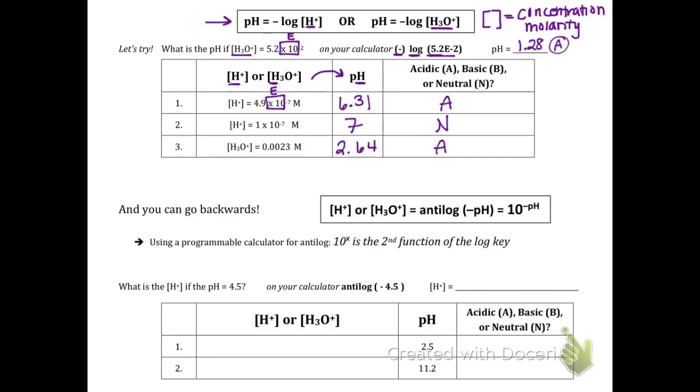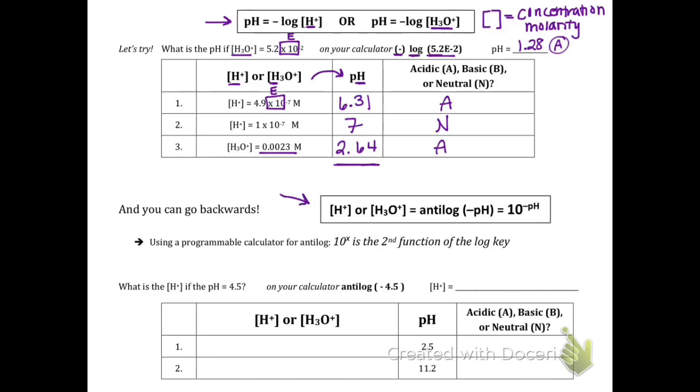Okay, so the other two answers are now available. A question that some people have here is, this one's not in scientific notation, but it's okay. It doesn't always have to be in scientific notation. Here it's a very, very low pH, 2.64, so we know that means we have a lot of H's. Now, what if you want to go backwards?